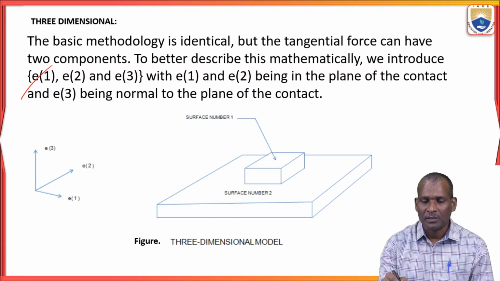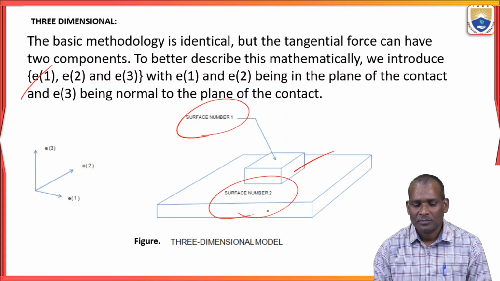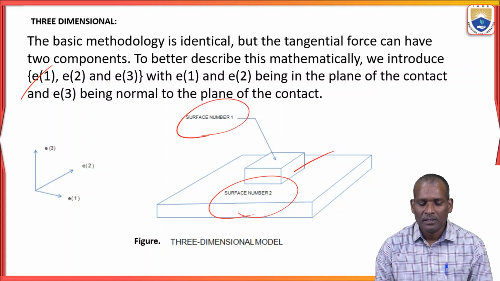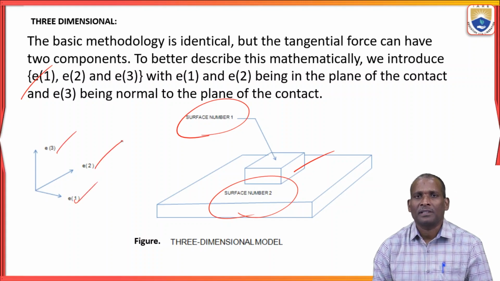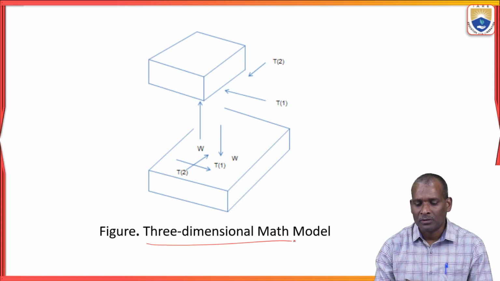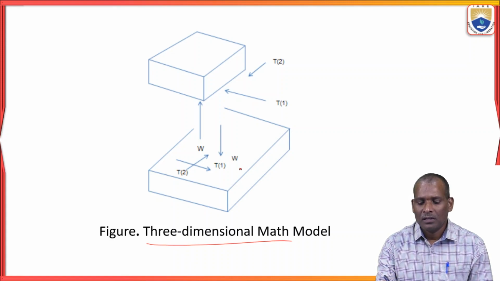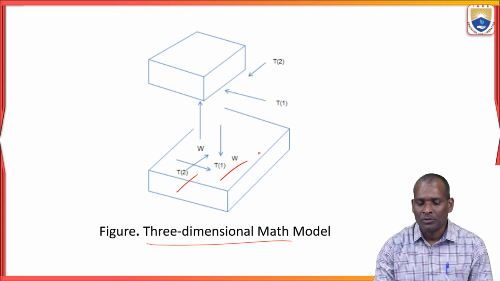Here in 3 dimensions, we have surface number 1 and surface number 2, with X, Y and Z directions, so 3 components are there. This diagram shows the frictional resistance forces T1, T2 and the normal reaction force W, and the opposite force, in the 3-dimensional model.